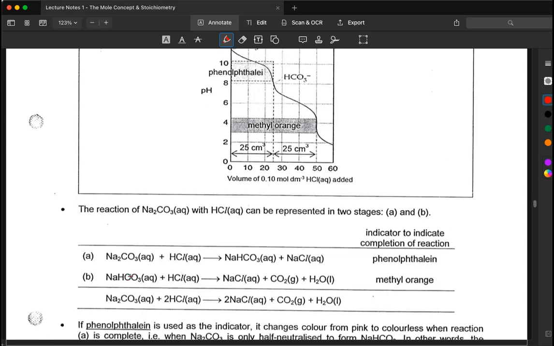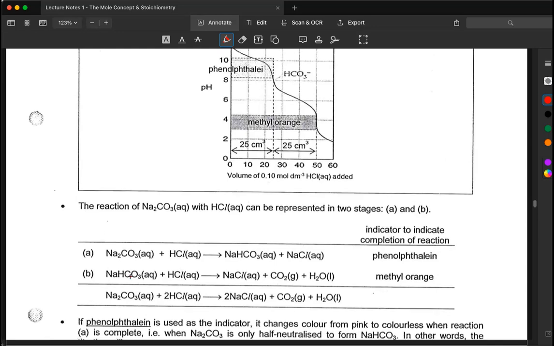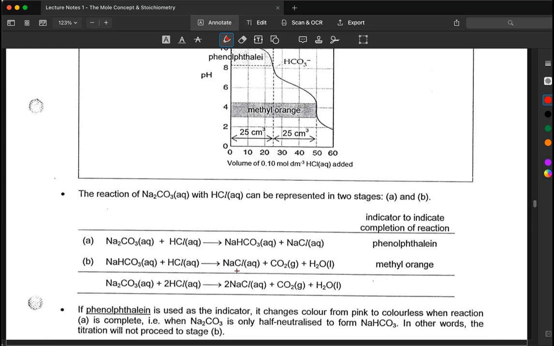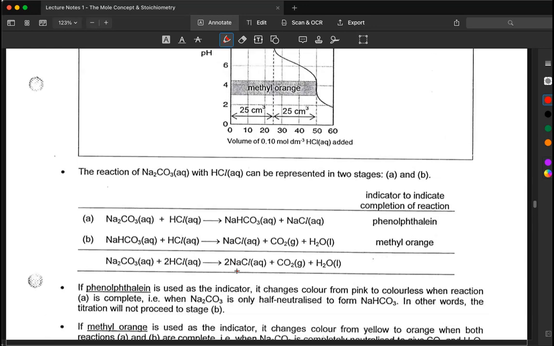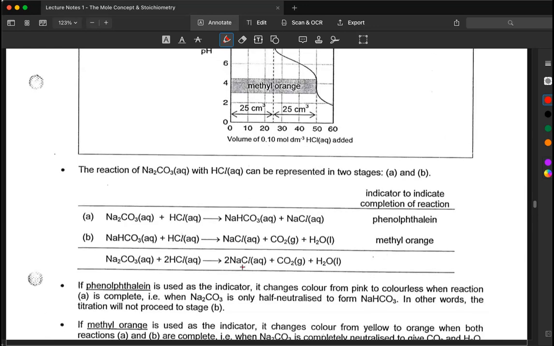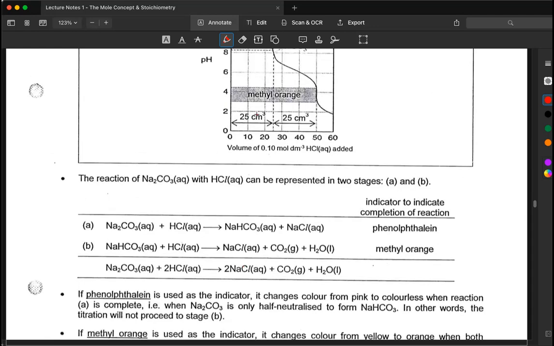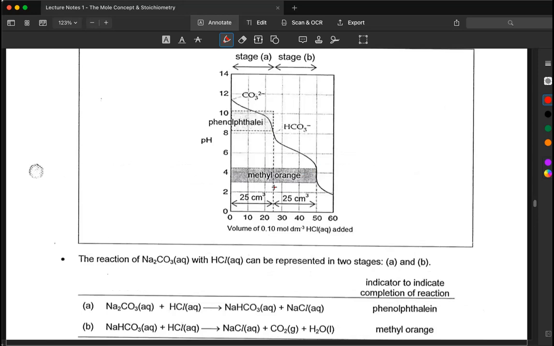After the formation of sodium hydrogen carbonate, it reacts with the second mole of H+, another H+ in the solution, to form the final product. So the overall equation is what you're very familiar with, but it's actually a two-step reaction, which explains why you have two endpoints in the titration curve.